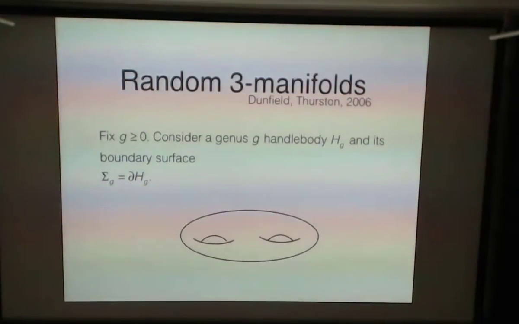So these 3-manifolds of Dunfield and Thurston are different from random surfaces. You could say, let's take n oriented tetrahedra, pair their sides at random and do the gluing, and we will obtain a random 3-manifold. But this will not work.